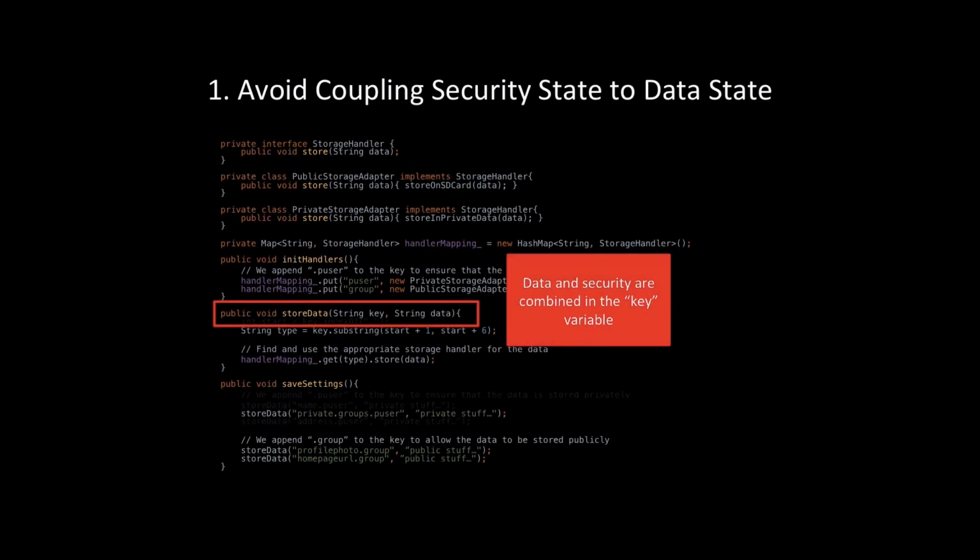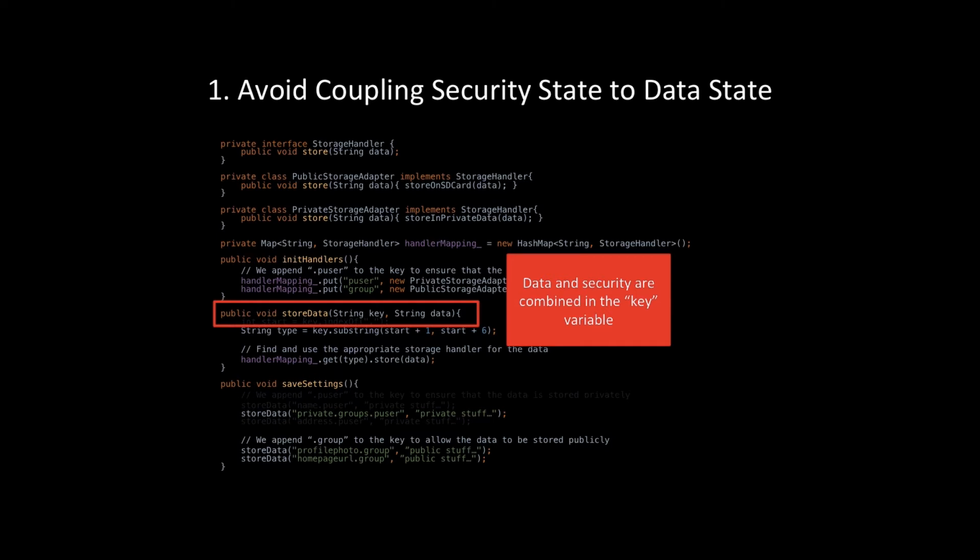So if we take that principle and we look at this code base that we just looked at, what we see is there's a problem here where we're violating this principle. And that is, we're coupling the security state of the application to the data state of the application. This key that we're creating and passing into this store data method is serving two purposes simultaneously.